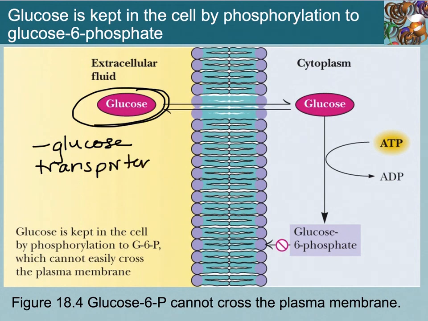Okay. Once glucose 6-phosphate is formed, it can no longer cross the membrane. So this is going to trap the glucose 6-phosphate in the cell. Second, when we add a phosphate group to glucose, it destabilizes it. This is going to facilitate its further metabolism.